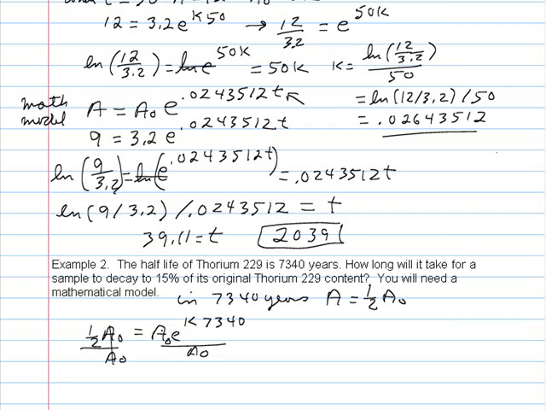And the A naughts disappear on both the left and the right, and I'm left with 1/2 is equal to E to the 7340K.